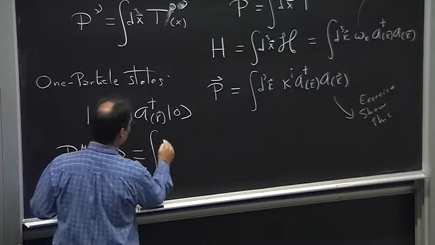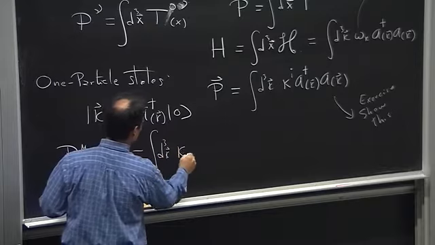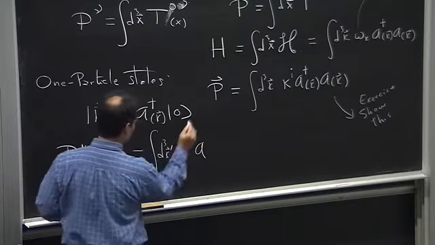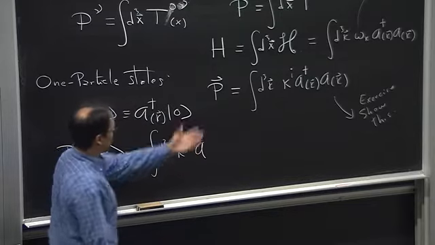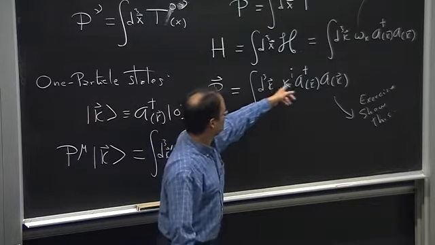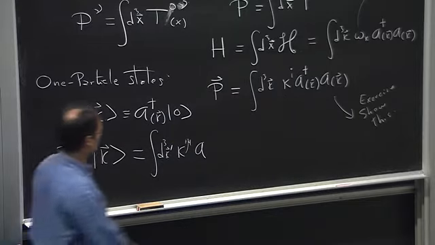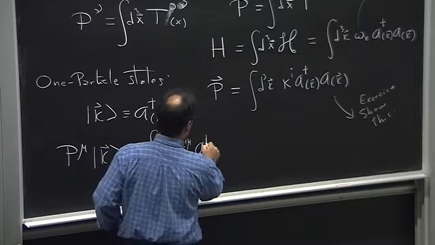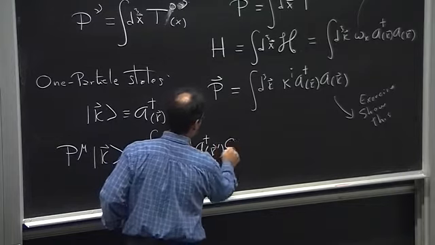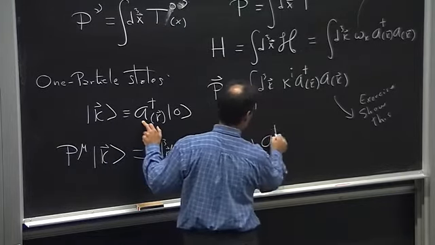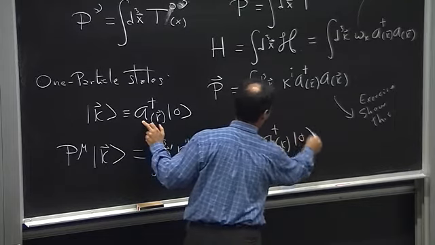Well, we get the integral d3k prime, since we're applying the operator, so this is a dummy index, so it should be called prime if we already have an index k here, of k prime a dagger k prime a k prime, now acting on our state, which is a dagger k on the vacuum.